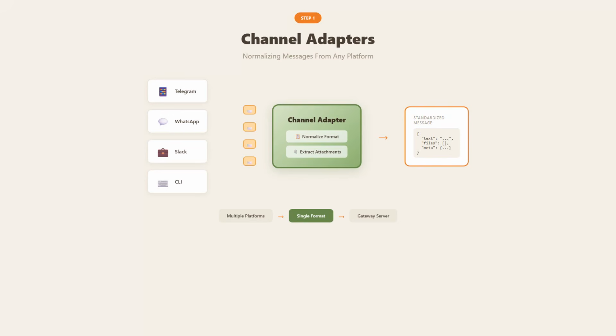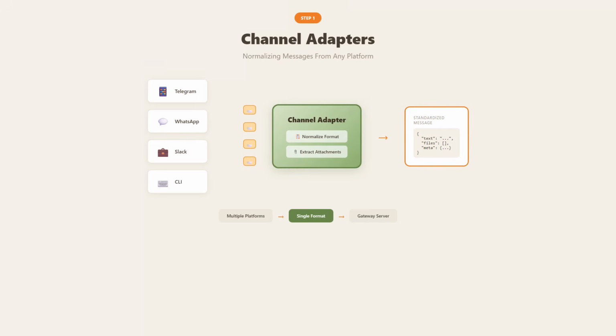It takes your platform-specific message, extracts any attachments, and converts everything into a standardized internal format. Think of it like multiple highways from different cities all converging into a single standardized road. The output is always the same, a clean JSON structure with your text, files, and metadata.